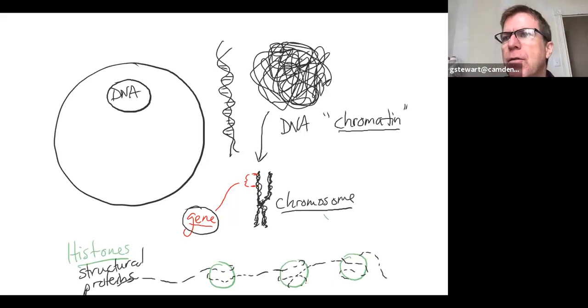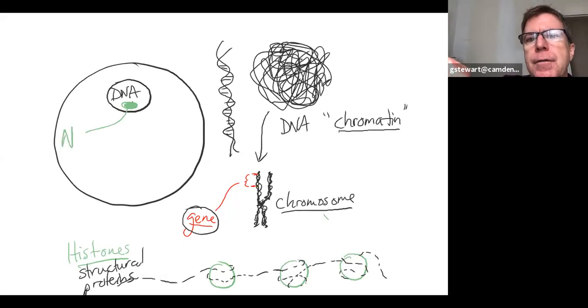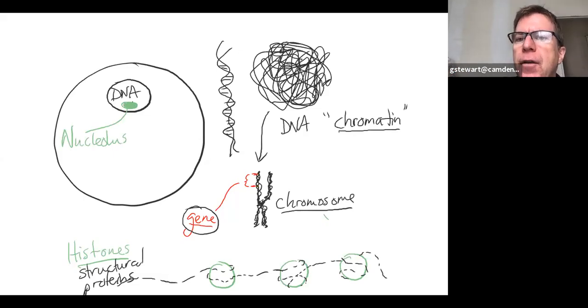I didn't mention the nucleoli. That's inside of the nucleus. So I'm going to draw a spot inside of here. And we call this the nucleolus. I'm not going to get super specific. It's just the area within the nucleus where ribosomal RNA comes from.